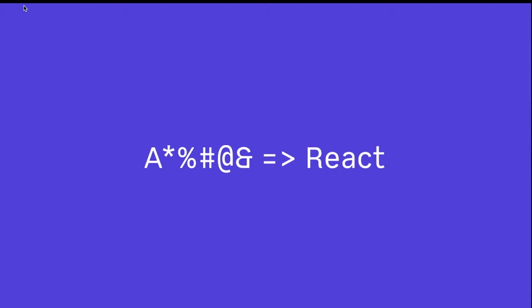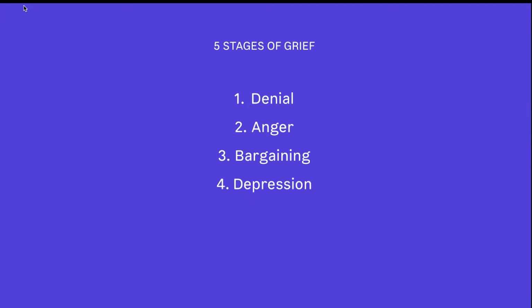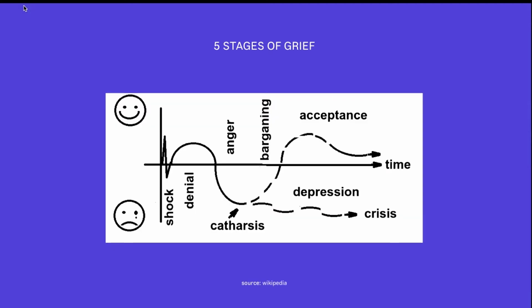I wanted to talk a little bit about my journey to React and what that was like. I found the five stages of grief on Wikipedia: denial, anger, bargaining, depression, and finally acceptance. I wanted to give a visual depiction of what this is like, with a sad face and a happy face. You have denial, then anger and bargaining, and then you finally come out through acceptance after depression.